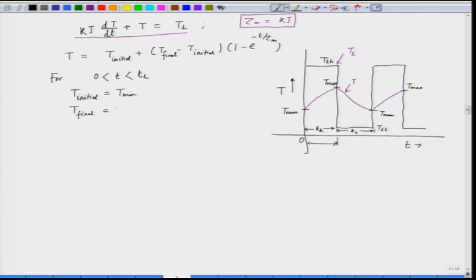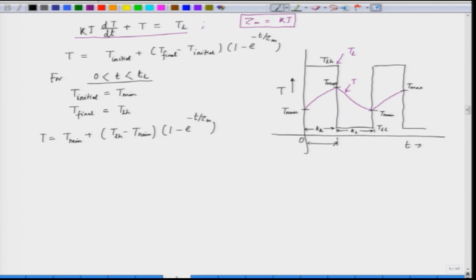So, T final is TLH. So, we can substitute these values in the previous equation, and for this zone we can write the equation T is equal to T minimum plus TLH minus initial, which is again T minimum here, into 1 minus exponential minus t by tau m.